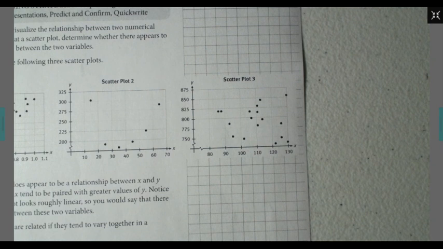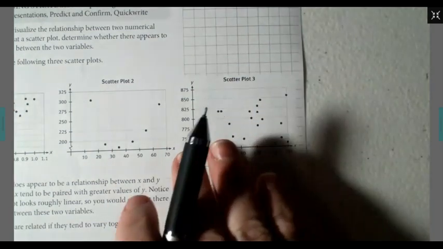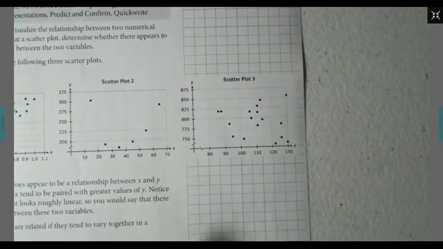Can we make a prediction that as x increases, y decreases? If you look at this plot, it doesn't seem like there's any kind of pattern whatsoever because the points are just plotted all over the place. There's no defined shape here.